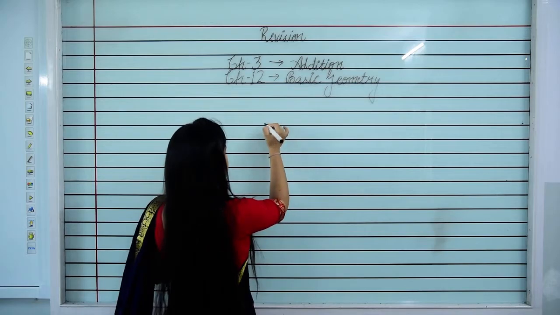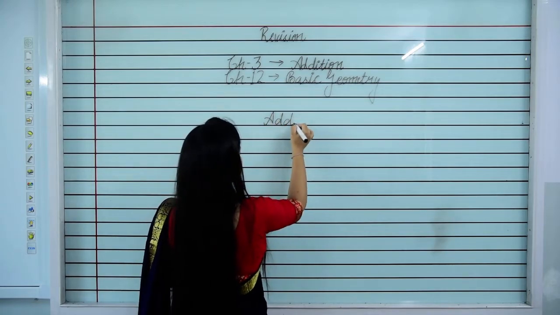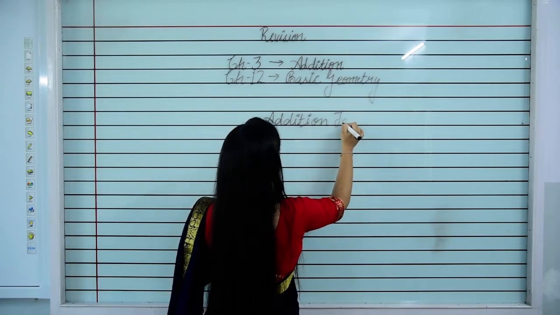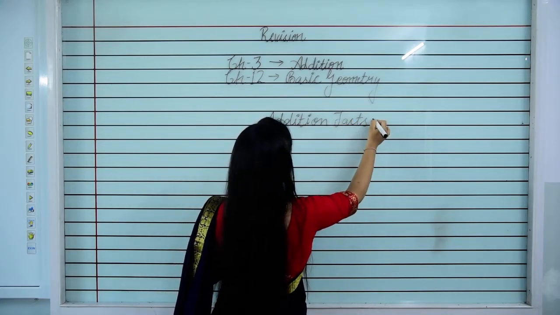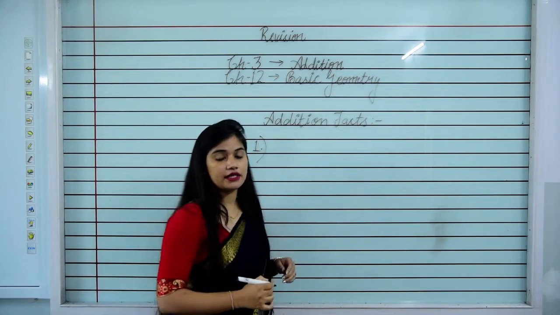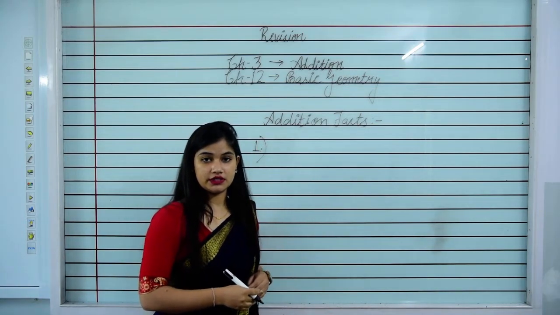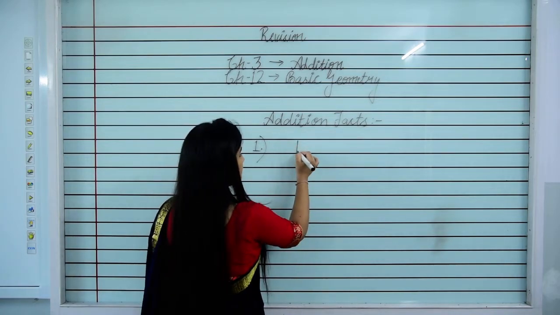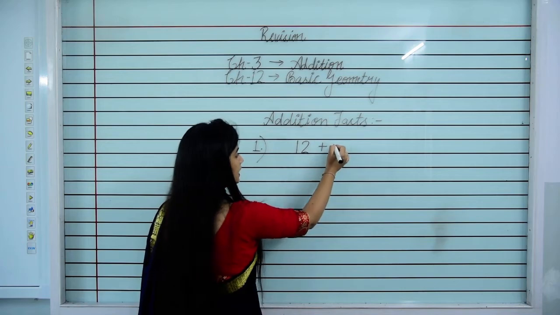The first addition fact is, we can add two numbers in any order, their sum will remain the same. We take two numbers, 12 and 4.